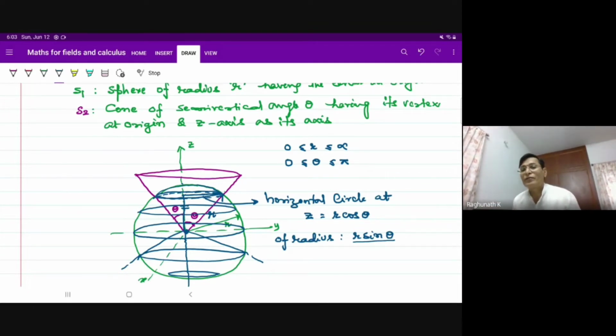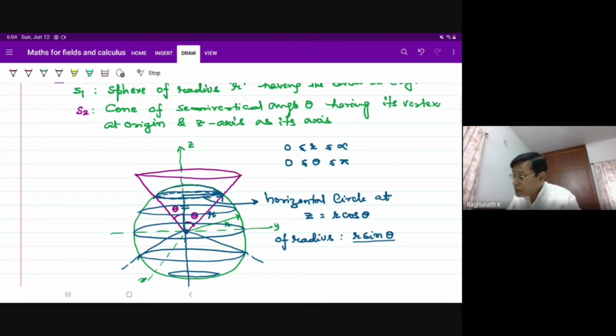Now, having given these two surfaces containing the point of interest, my uncertainty is only on the circle of radius r sin theta. Wherever it is, I'm not worried about it. On a circle of given radius, my uncertainty is only the angle, correct?